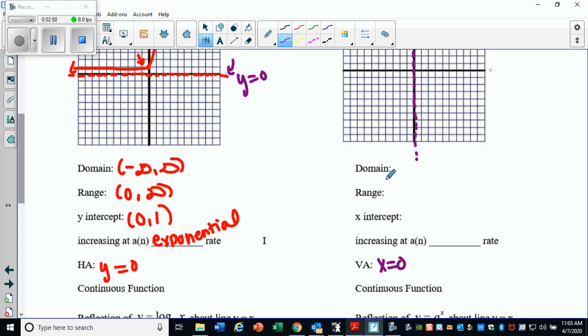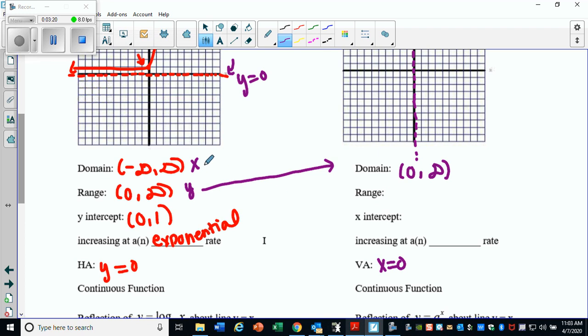Now let's fill in our domain and ranges before we actually even graph it. So remember that domain is x and range is y, and inverses actually switch the x and y. So the range of your exponential function becomes the domain of your logarithmic function, which now we know the domain is going to be 0 to infinity.